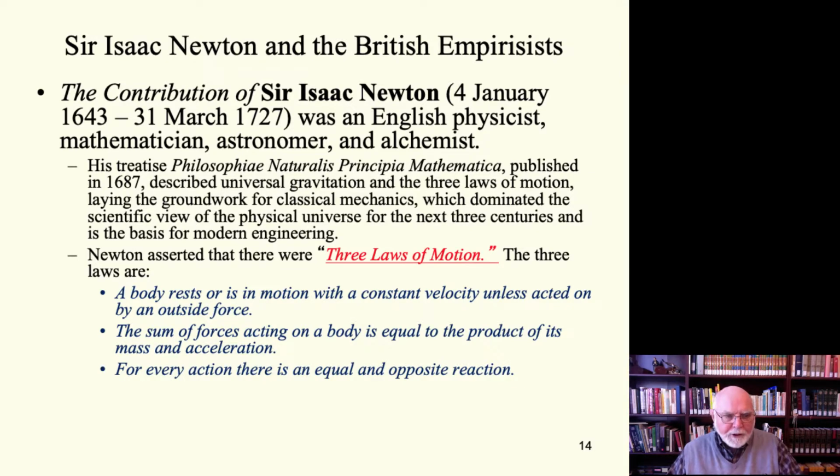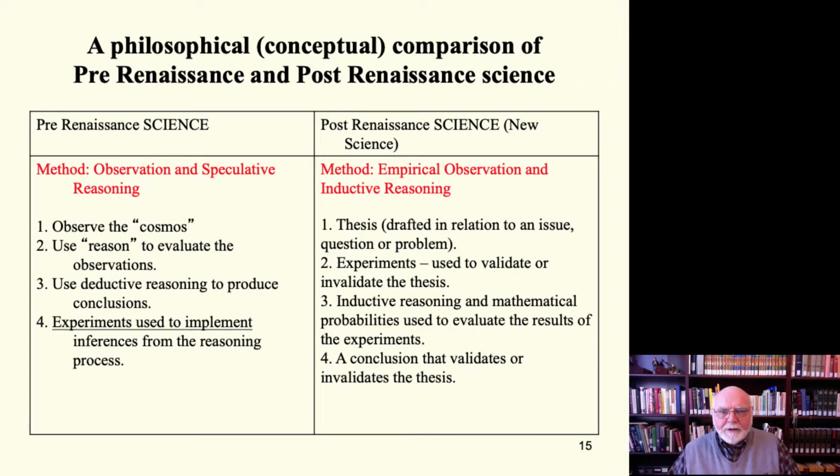But before we go there, we do two things. The first is we want to talk about the philosophical conception of what was pre-Renaissance science and post-Renaissance science. What is crucial here is that you'll notice that pre-Renaissance science involved observation, but also involved speculative reasoning.